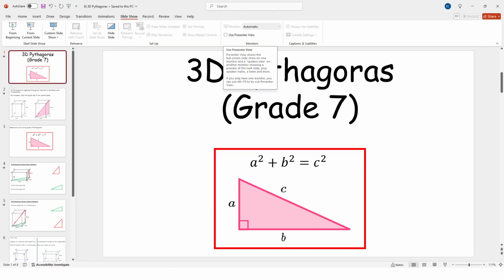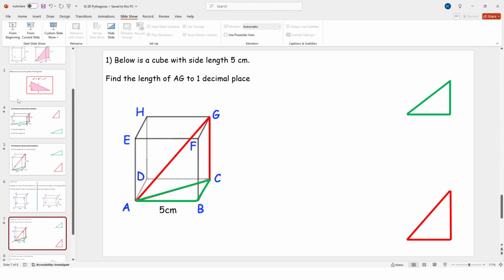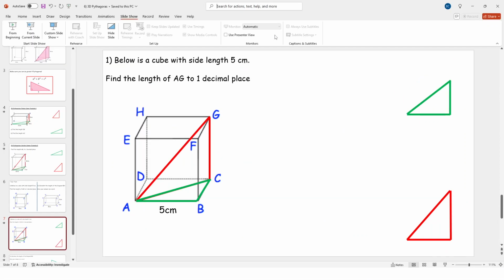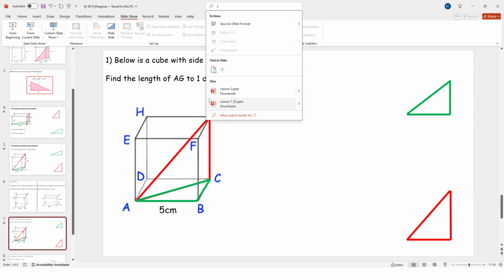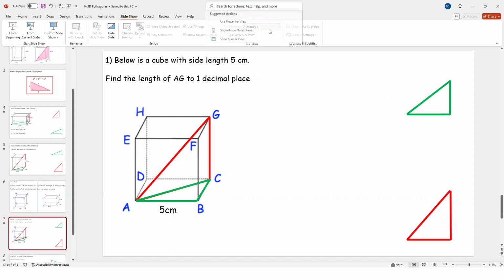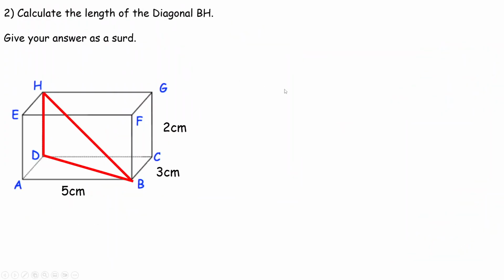Oh, what's happened here? That's not good, is it? Let's go back up to this. There we go. So back to A squared plus B squared. Oh, what is happening here? This is not good. Something is glitching out a little bit. Okay, a squared plus b squared. Why is that happening? Sorry, guys. This is very strange.